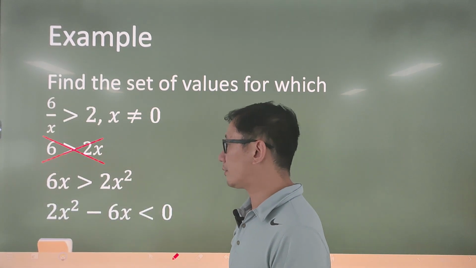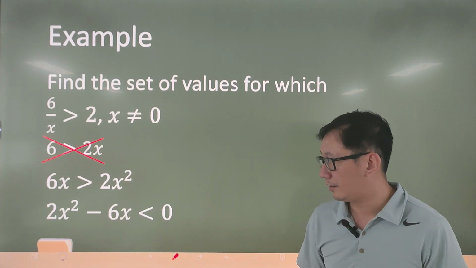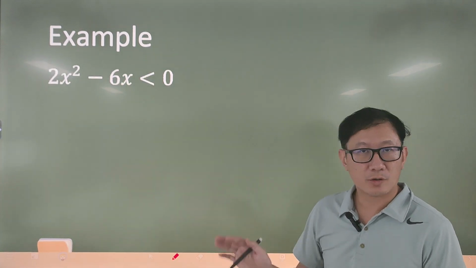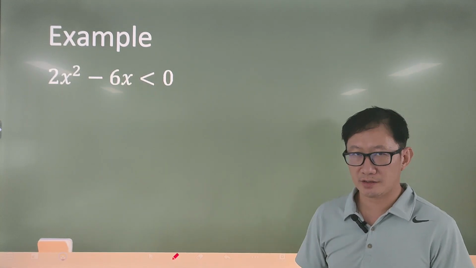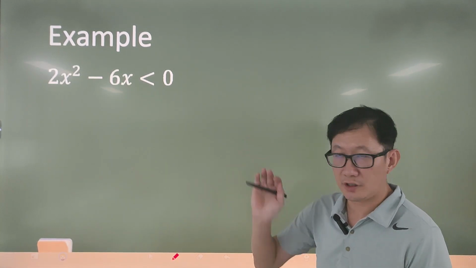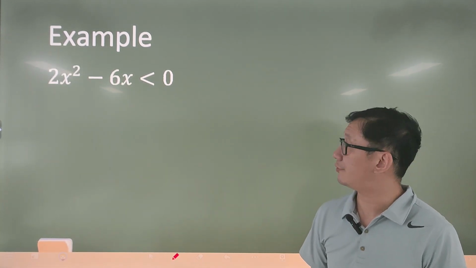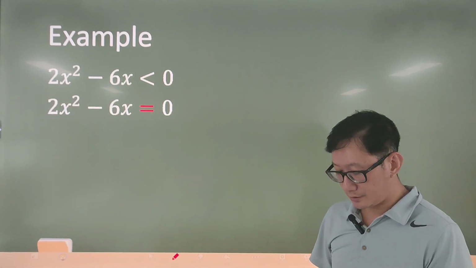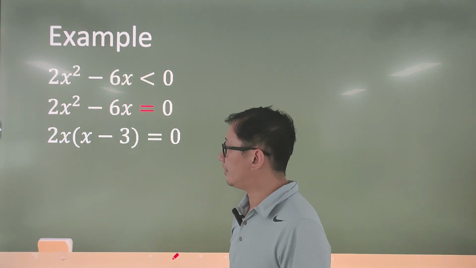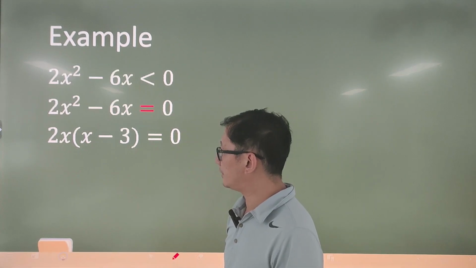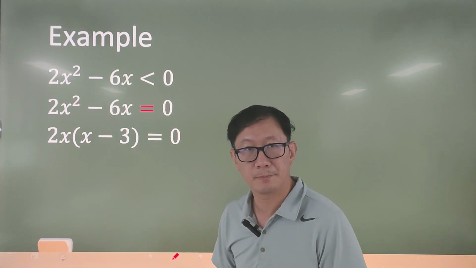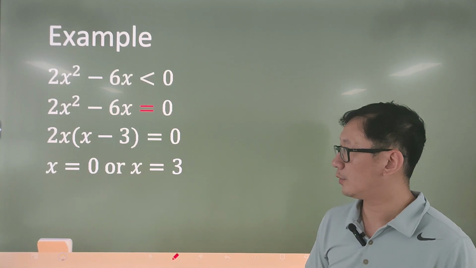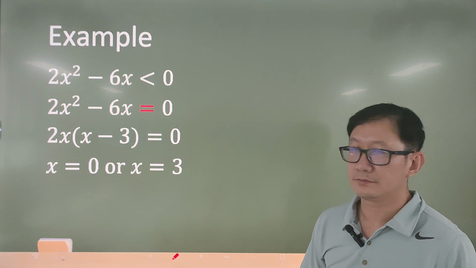So we have 2x squared minus 6x is smaller than 0. Let's go ahead and apply that key step of changing it into an equation first, so equal to 0. We'll take 2x out. So we have 2x times x minus 3 equals 0. Therefore, x is 0 or x is 3.